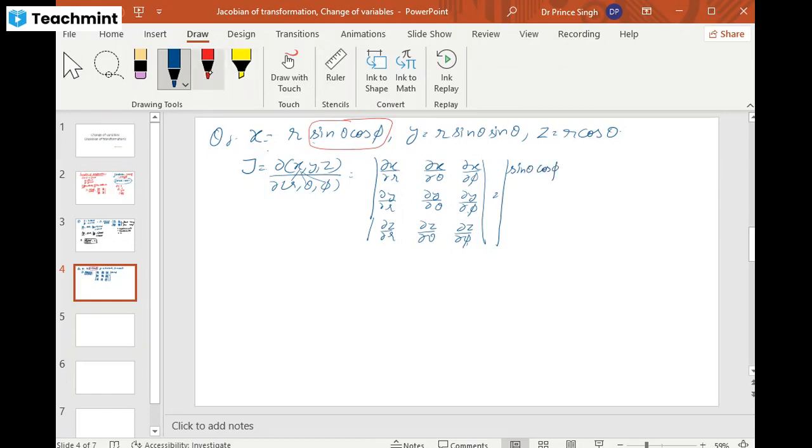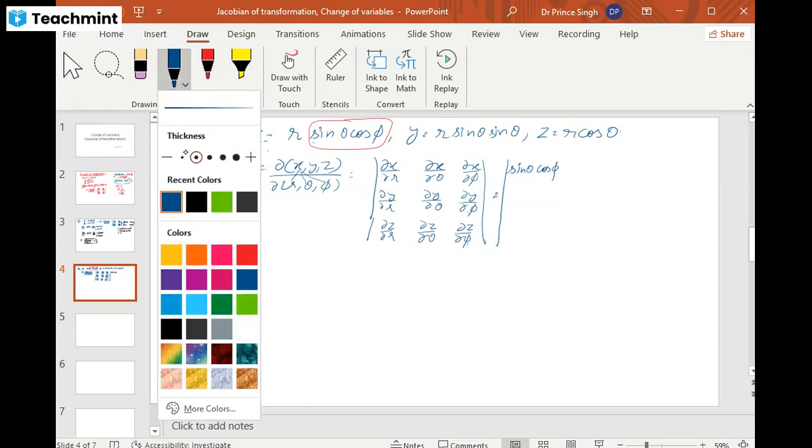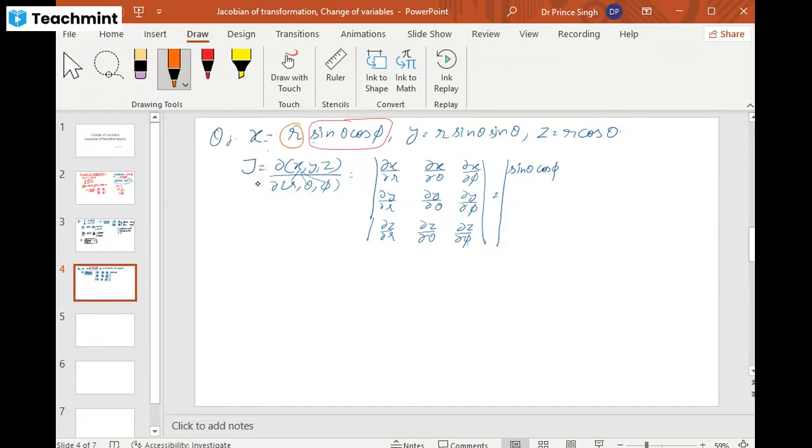And if I differentiate this function with respect to theta, then r and phi are treated as constant. The derivative of sine theta is cos theta, and the derivative of cos theta is minus sine theta.